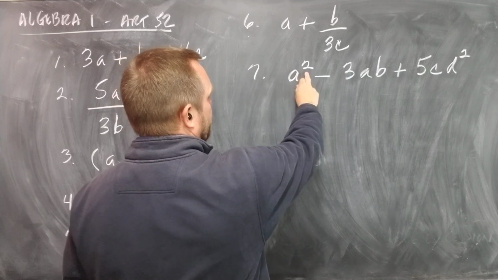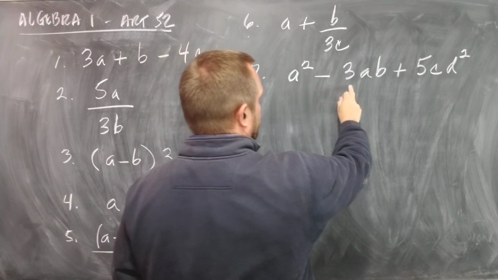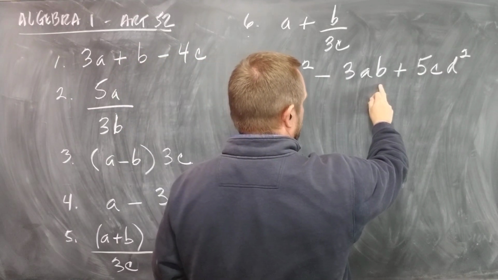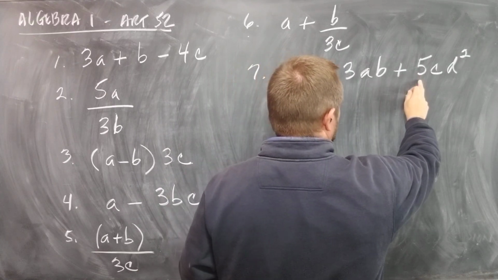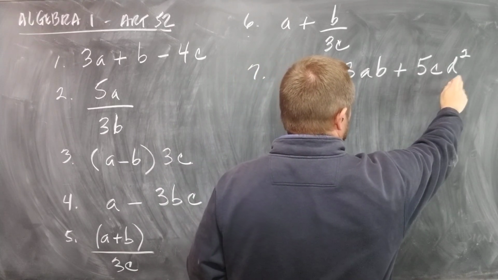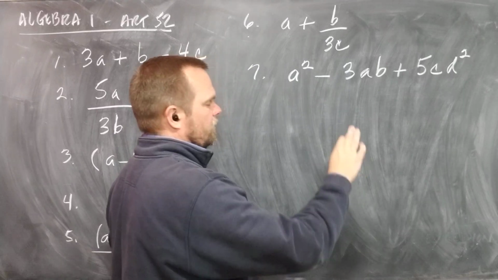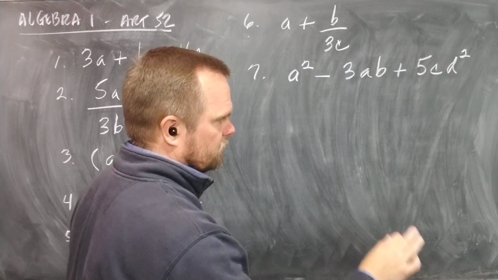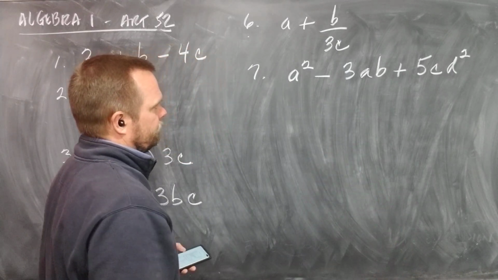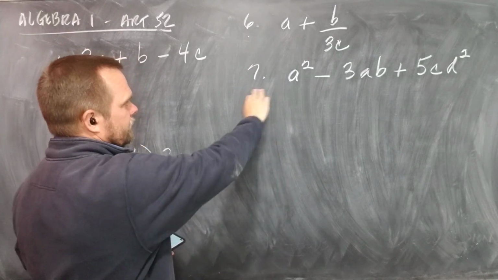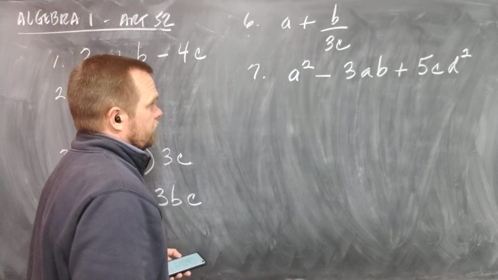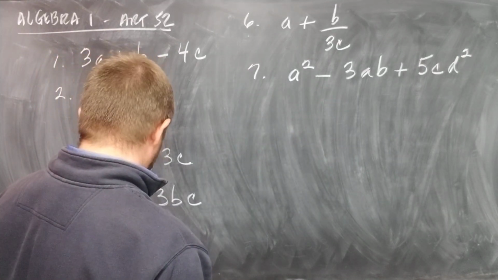A squared minus 3 times a into b plus 5 times c into d squared. Again, remember, into is used to express multiplication. All right, that's the expression for number 7.